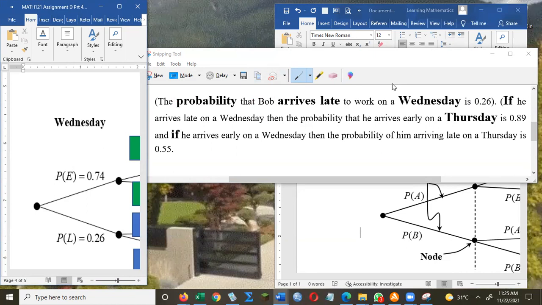Wednesday here is Monday in the assignment. So do your Monday, your line, your scrap quickly: early, late. What was the probability? 0.12. Was it the same for late or early? The first sentence, so you should have P of L and so forth. Please do that. Okay.